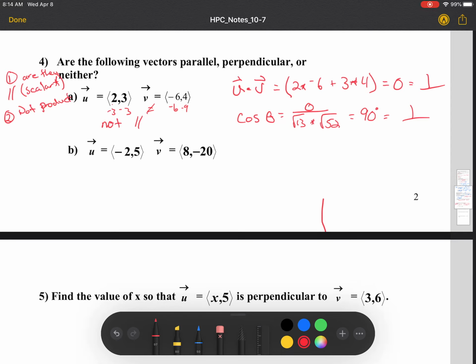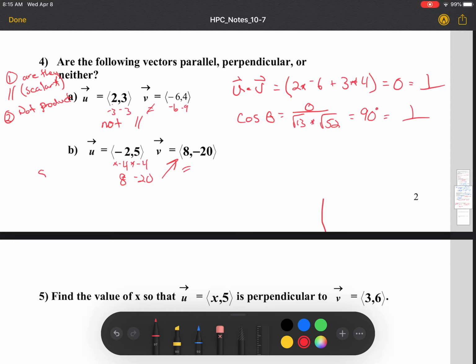For B, same thing. Is there something we can multiply to get to it? I'm seeing 4 or -4, right? So times -4, times -4, you get 8, and you get -20. So what do you know? Look, they equal, so they're the same.